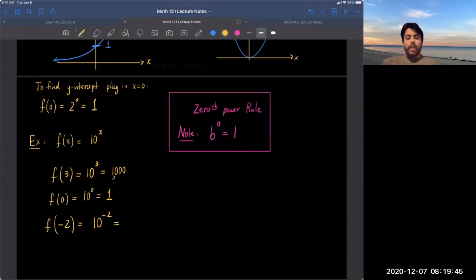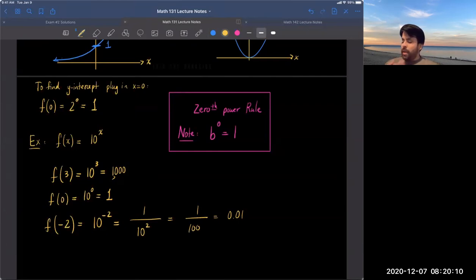Negative exponents, you guys know how we do negative exponents. We make them positive by placing them in the denominator. So you're right. This is 1 over 100, which equals 0.01. Okay, so we have some intuition and understanding of exponential functions and how we can plug in.